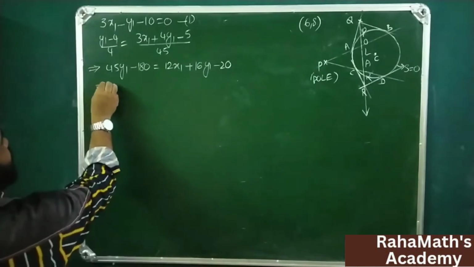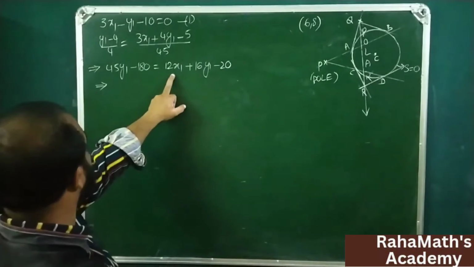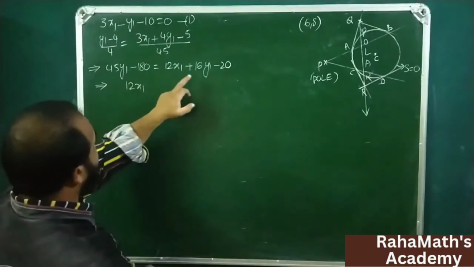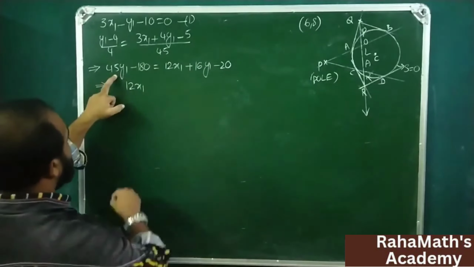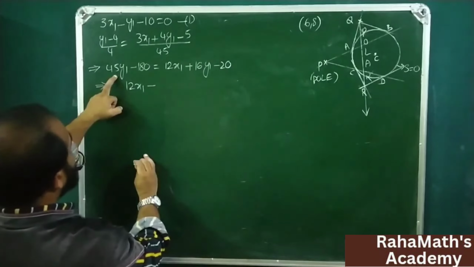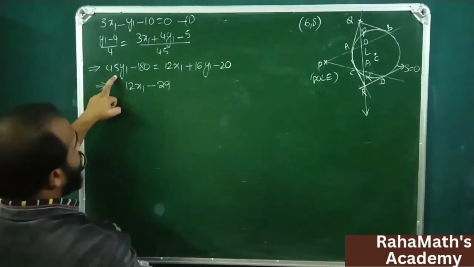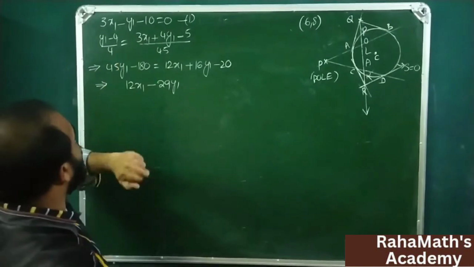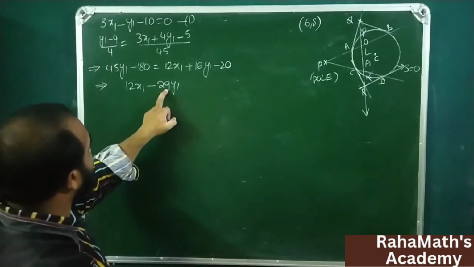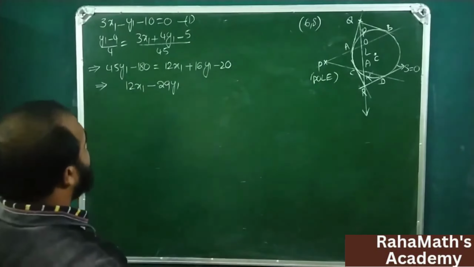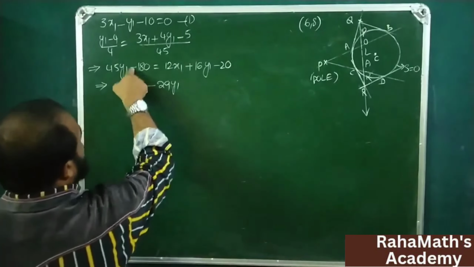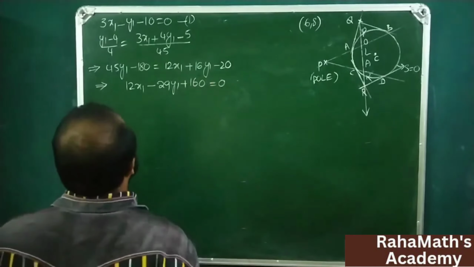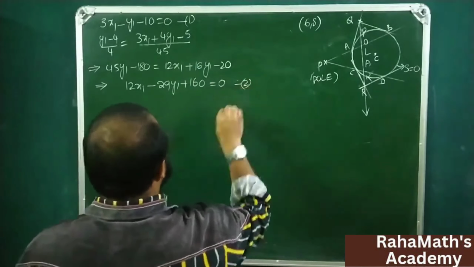This equals 12x1, 16y1 minus 45y1, that is minus 29y1. So 4 3s are 12x1. So 16 minus 45 is minus 29y1. So this minus 180, if you bring to that side, plus 160 equals 0. Let us suppose that this is the second equation.